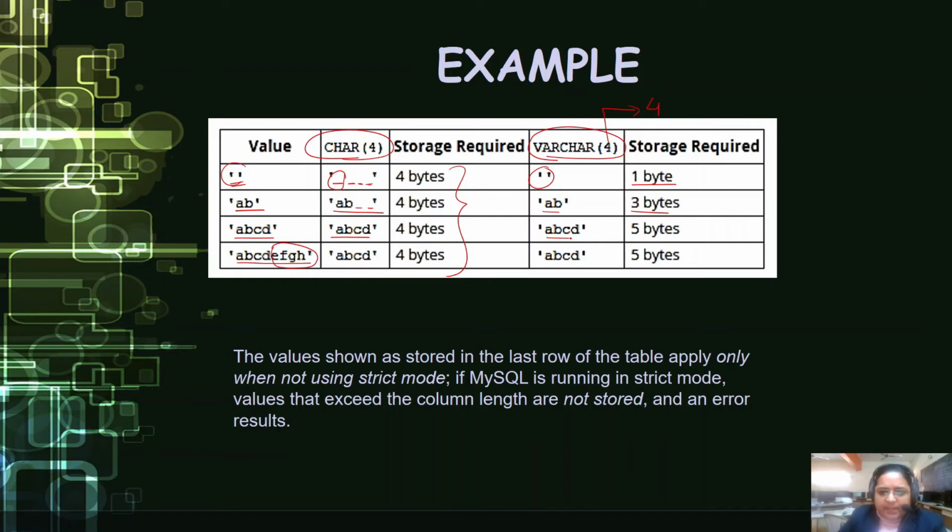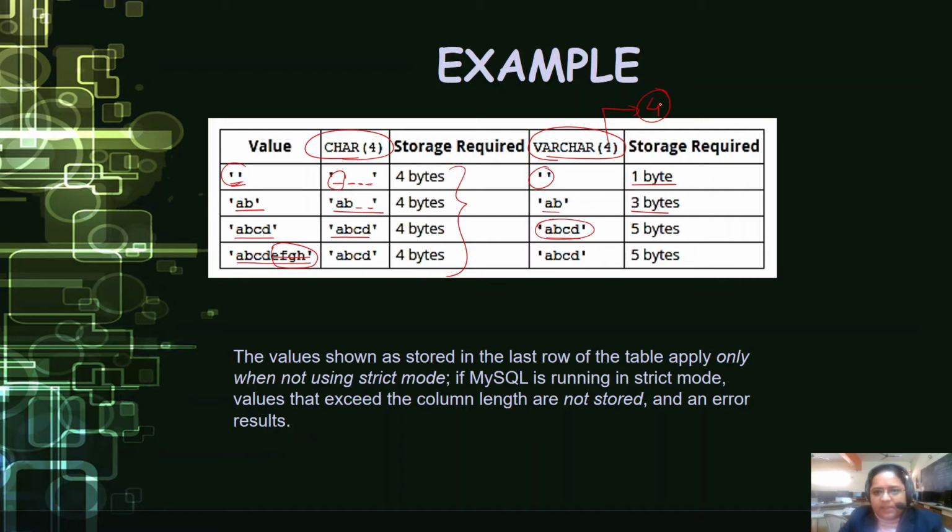Then ABCD requires 5 bytes, maybe 1 byte extra for length information, but it will still accommodate ABCD because the maximum length is 4, and it will truncate the extra characters.